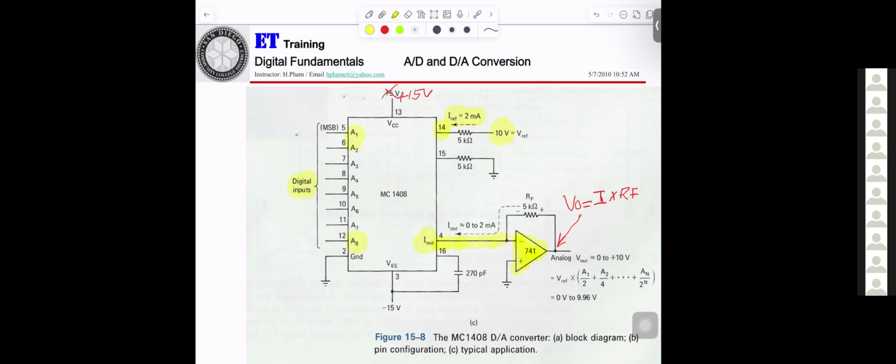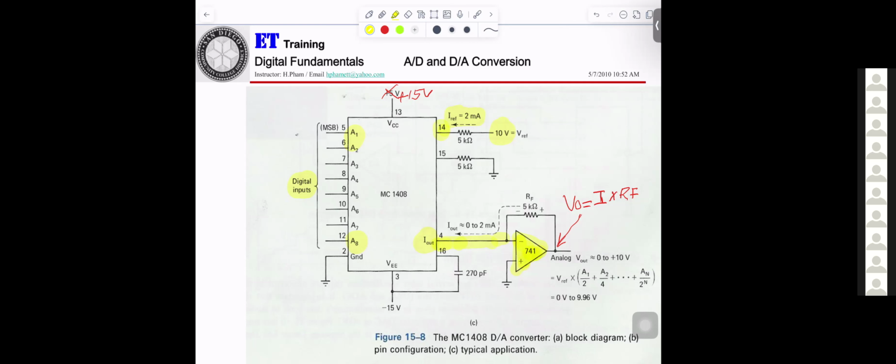So one side 10 volt, the other side must be ground. So you divide 10 by 5K, you get 2 milliamp. If pin 14 is not 0, you cannot get 2 milliamp. So the side where pin 14 is at acts like ground, right? Exactly. Okay, that's what it is.